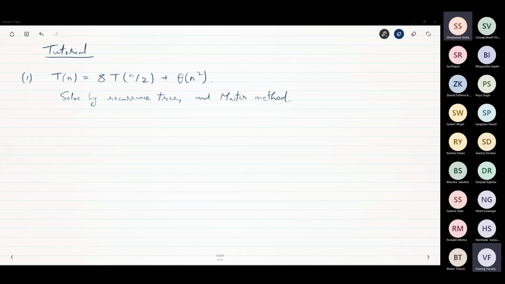Sir, second one it will be true. I think so. I don't want you to ask me like this. You solve and you give me the answer. Then we'll see whether it is correct or not.